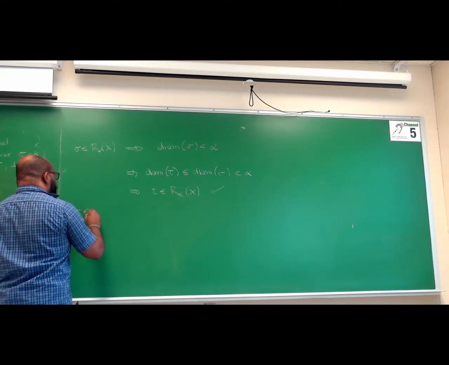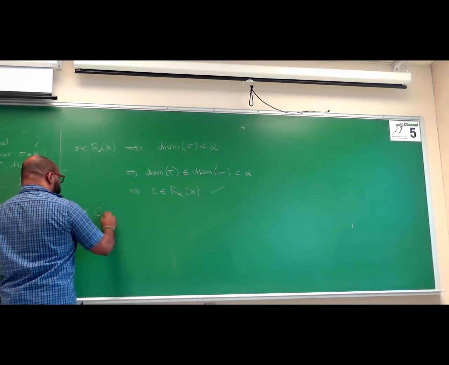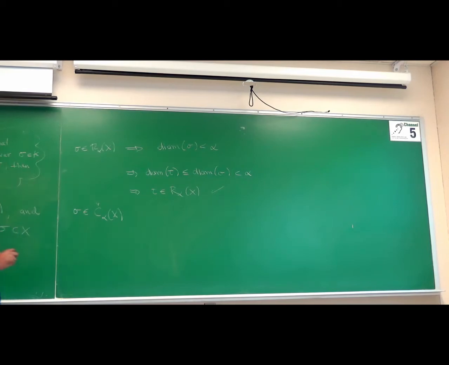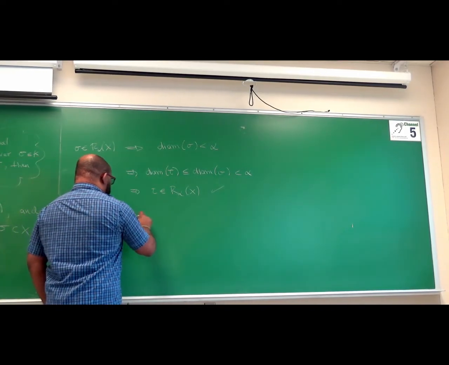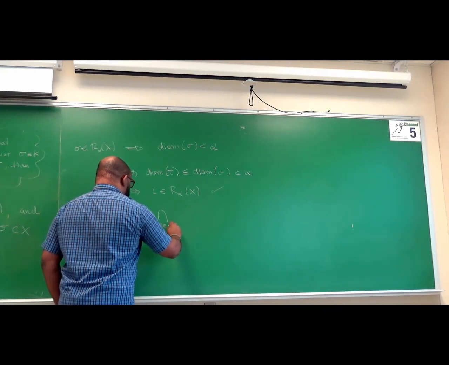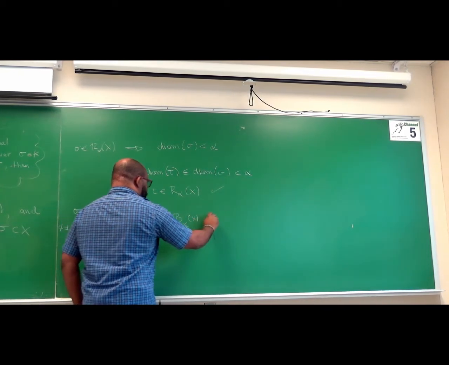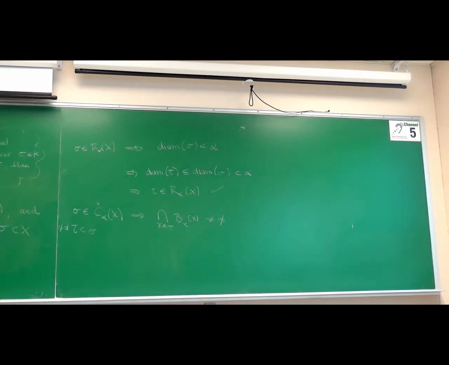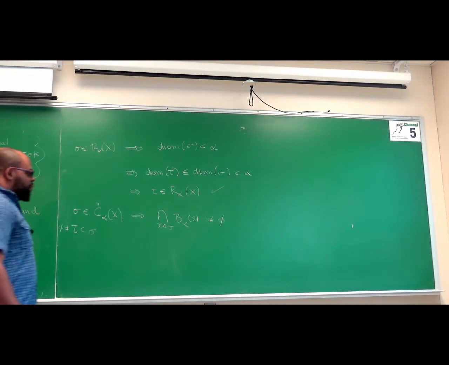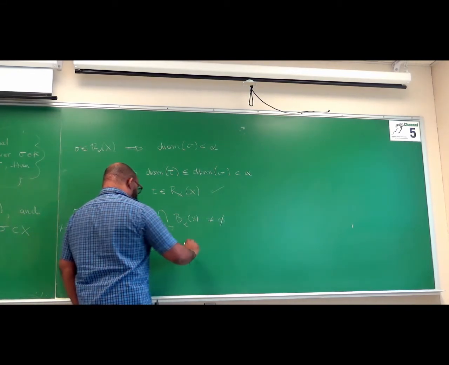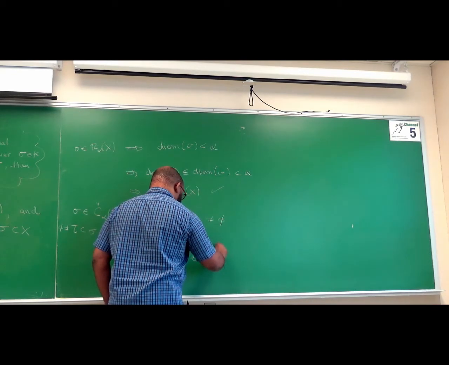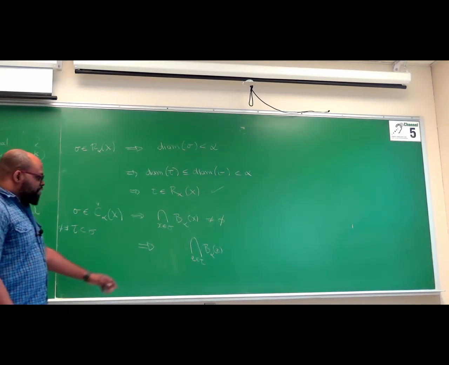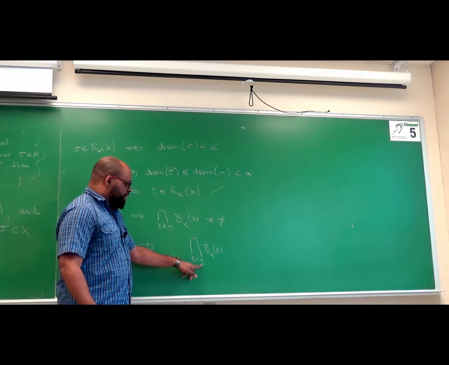So now let's do the other one. Let's take a sigma in the Čech complex. And as before, we're going to take a tau which is non-empty, which is a subset of sigma. So this implies that the intersection of the balls centered at x is non-empty, right? Now, if you take the intersection of balls over points z in tau, here you're intersecting over a smaller subset than sigma.